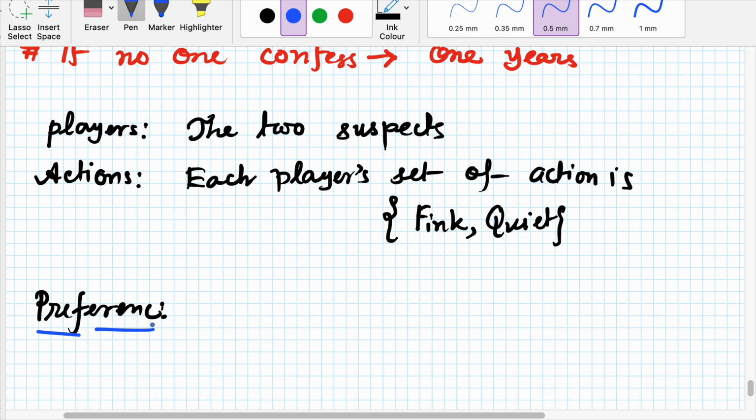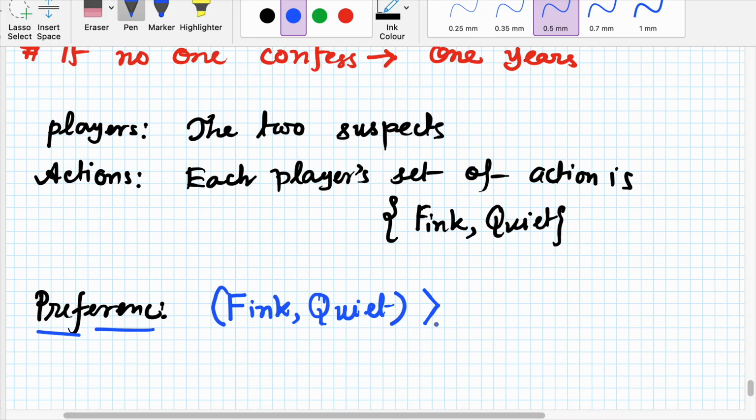Obviously any individual will prefer most the outcome where he confesses and serves as a witness before court, because then he will be freed and the other will be punished. So she prefers this outcome most, that she confesses and the other stays quiet.